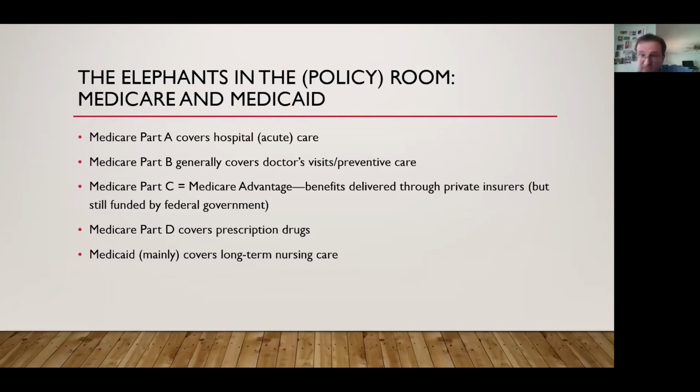Perhaps the most significant of those gaps is long-term nursing care. Medicare, for the most part, and there are some exceptions, was not designed to cover long-term nursing care. So in fact, many people have to look to Medicaid in order to finance long-term nursing care.